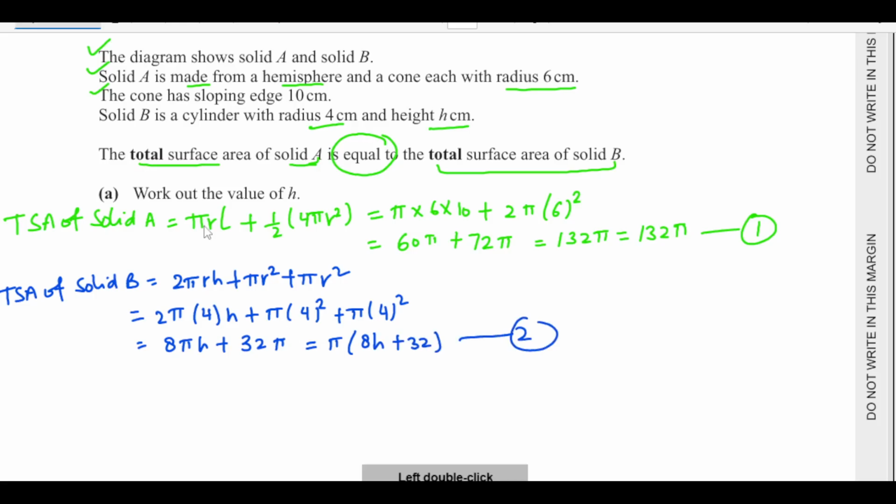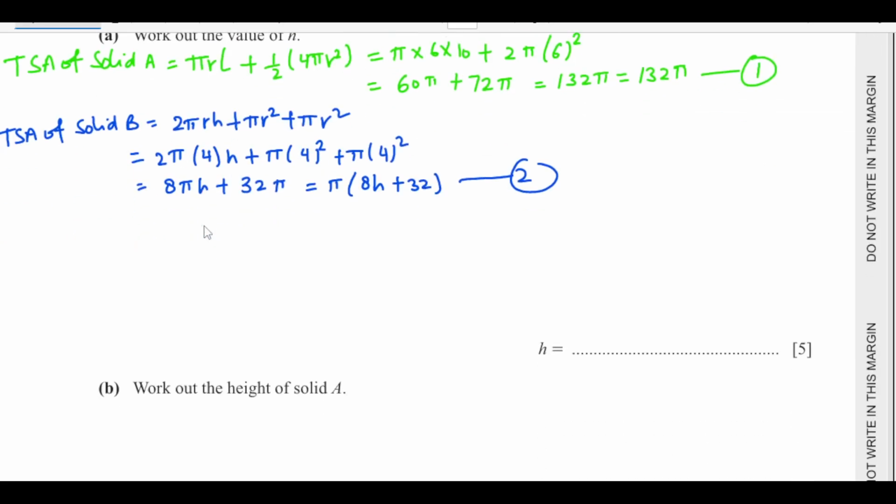Now we are given that the total surface areas of solid A and B are equal. So equation 1 is equal to equation 2. I am writing it here: 132 pi is equal to pi into 8h plus 32. Okay, so then pi and pi get cancelled.